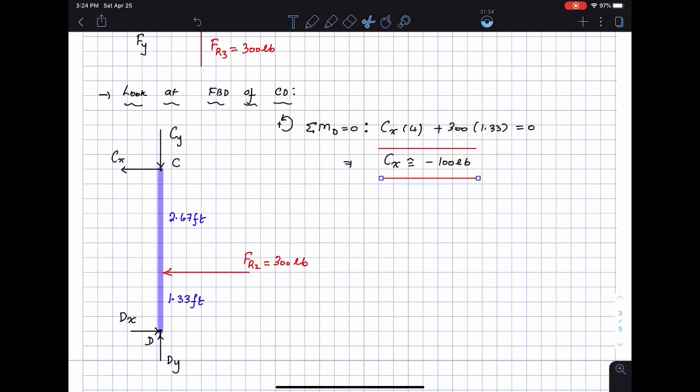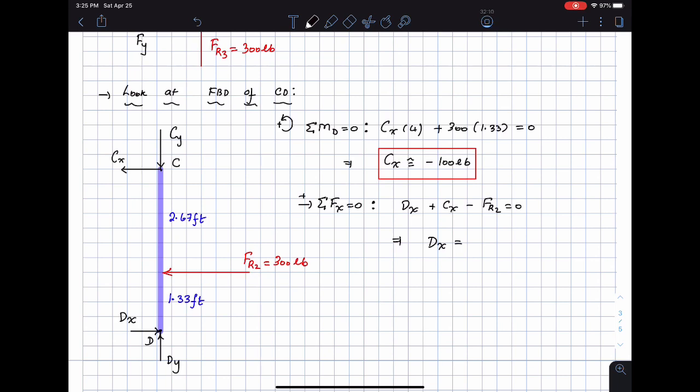Of course, you'll see that there are 4 unknowns in this free body diagram as well, which means that the best case is that I can find 2 of the unknowns and an equation for the third one. Then I can say that the sum of forces in the x direction is equal to 0. So Dx plus Cx minus FR2 is equal to 0, which means that if I solve for Dx, that's going to be 300 minus 100, so approximately 200 pounds.